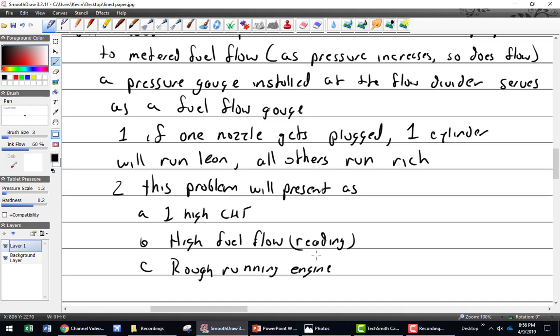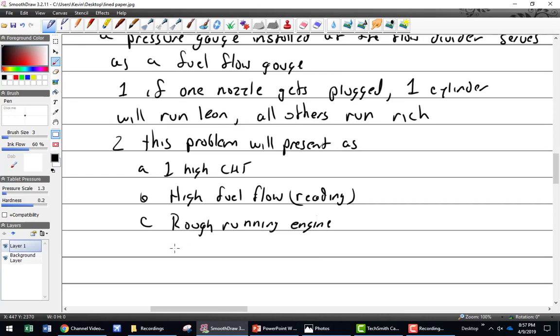All right, so remember, because the fuel flow gauge isn't really a flow gauge, it's a pressure gauge reading in pounds per hour. So, rough running engine. Actually, this is kind of the point B. I did them out of order because it's the order you gave me. The fuel flow gauge isn't really a flow gauge.